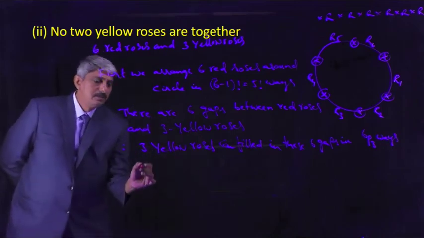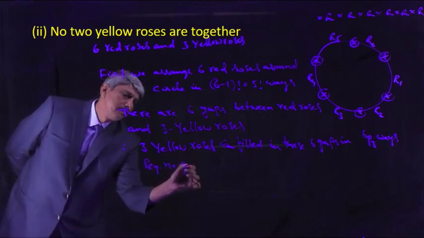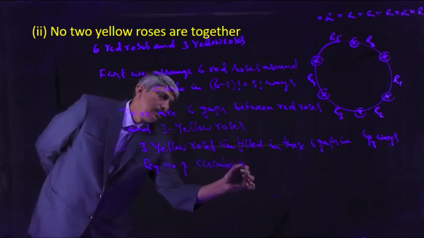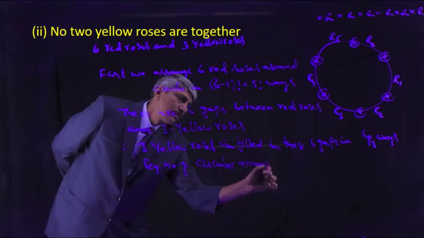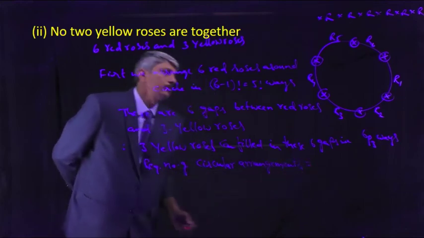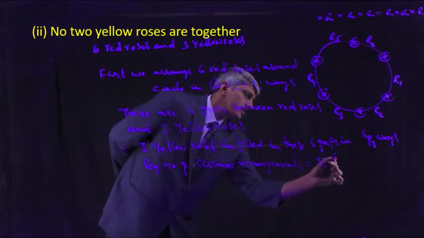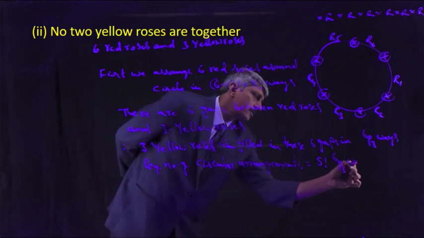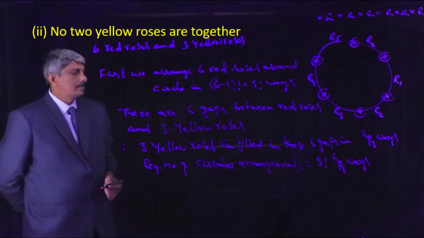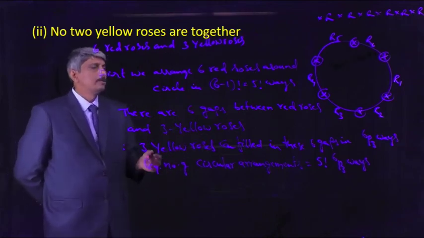Therefore, the required number of circular arrangements is 5 factorial into 6P3 ways.